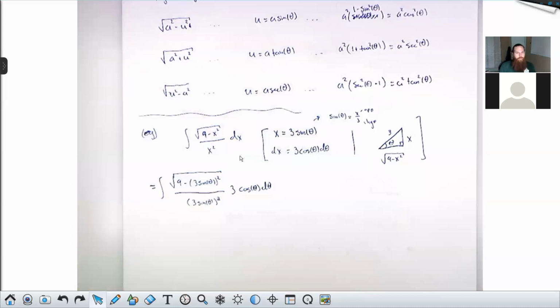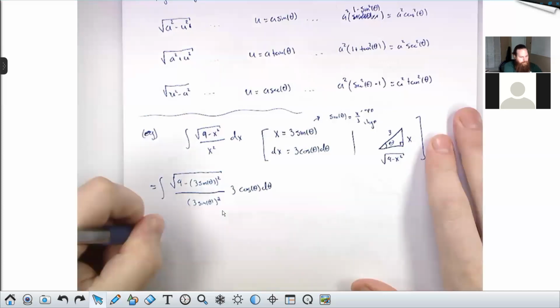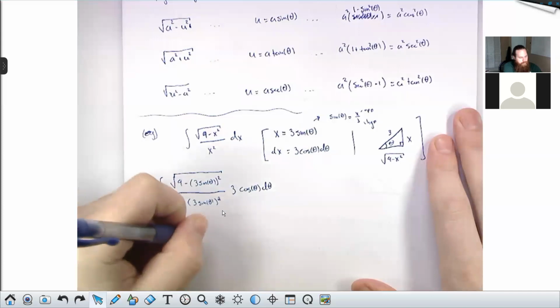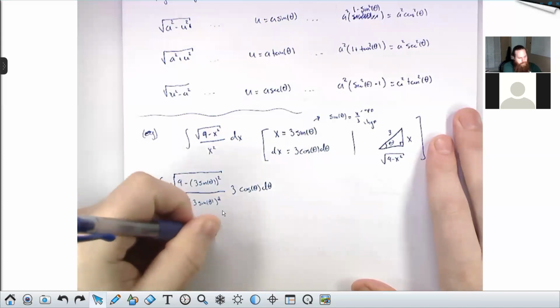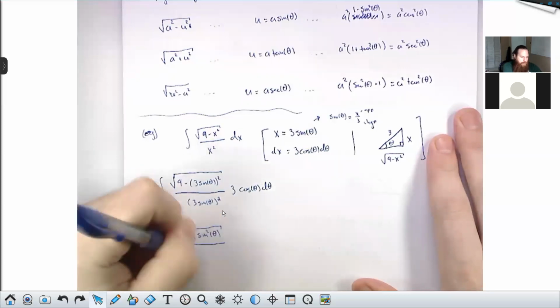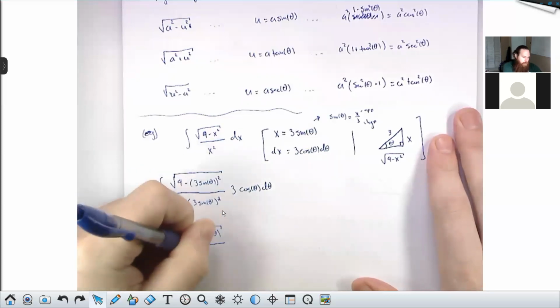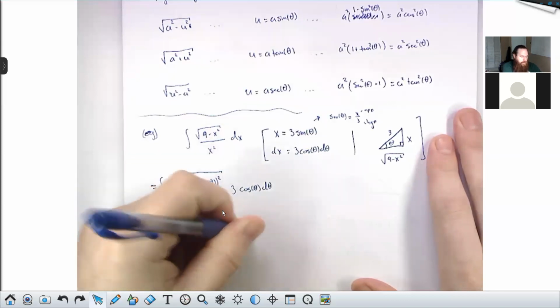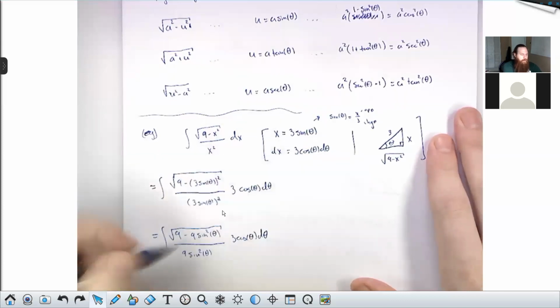And now we just have to be careful. We just have to do all of our simplification. So downstairs here I'll have 9 sine squared theta. Upstairs there I'll have 9 minus 9 sine squared theta. Definitely cannot cancel these, right?